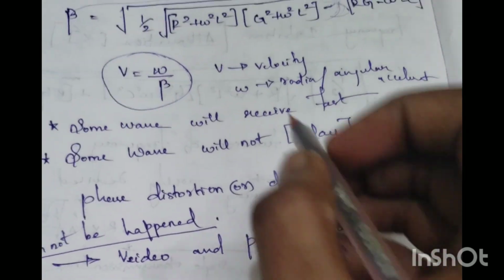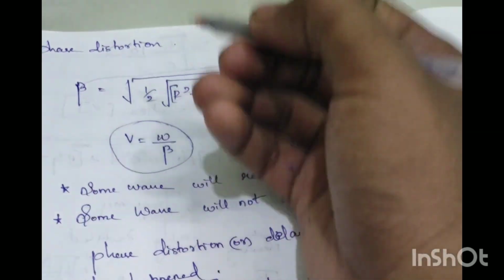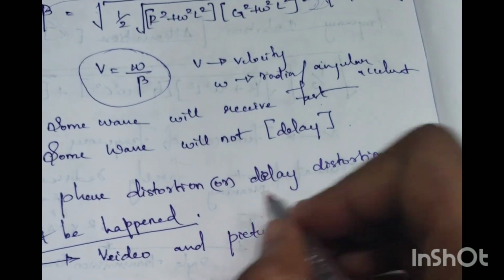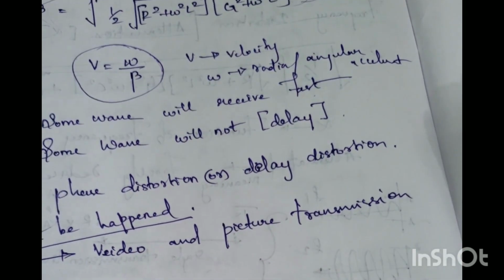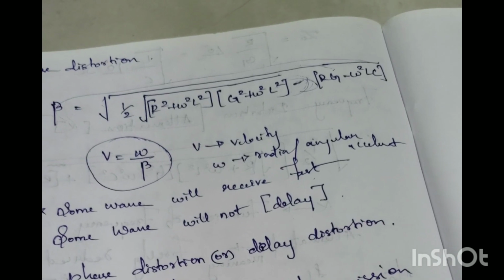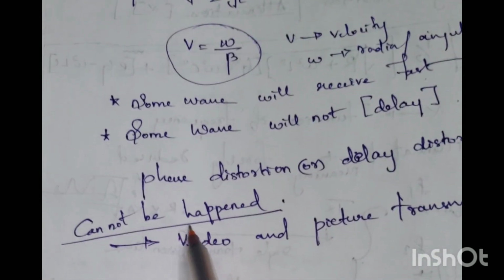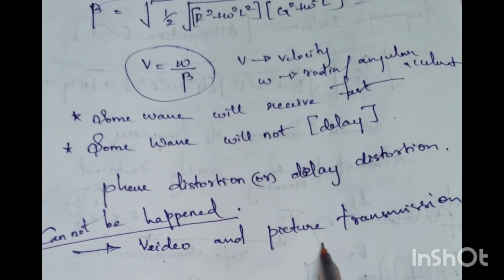This is phase distortion, or it can also be called delay distortion. Waves can be very inaccurate, so this cannot happen in a video or picture.